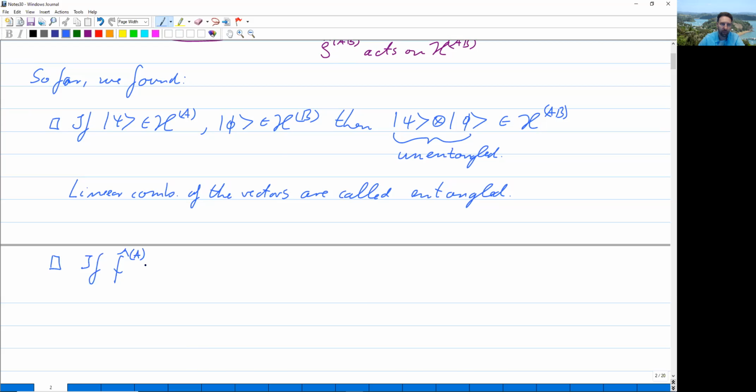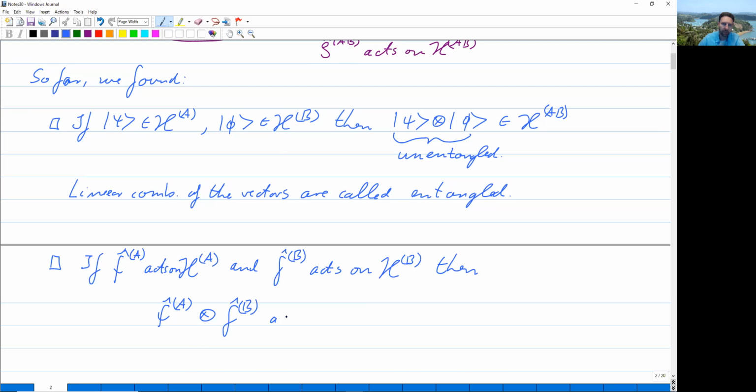So if F hat superscript A is an operator that acts on the Hilbert space of system A, and if F hat B is an operator that acts on the Hilbert space of system B, for example, there might be two observables, then the operator defined by F hat A tensor F hat B acts on the Hilbert space H superscript AB.